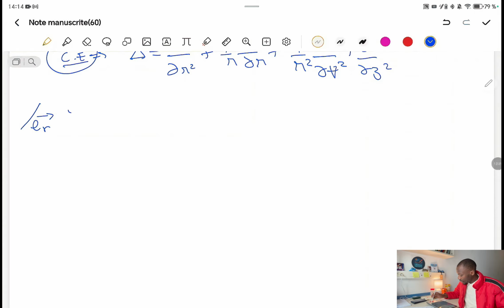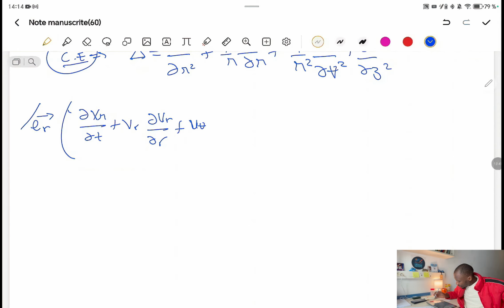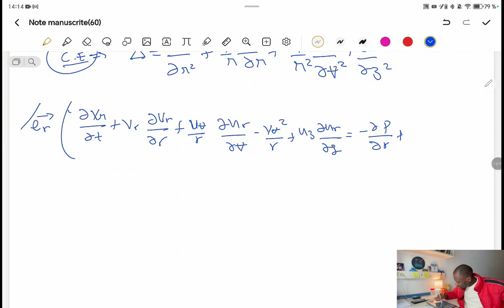In r we have the partial derivative of vr in r over time, plus vr times the partial derivative of vr in r, plus the theta term, minus v theta squared over r, plus vz times the partial derivative in z, equal to minus the partial derivative of p in r.